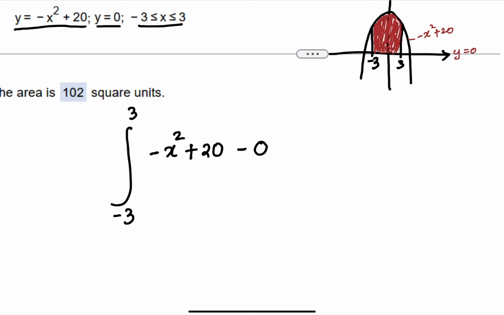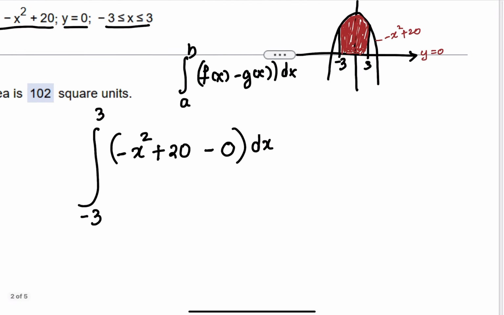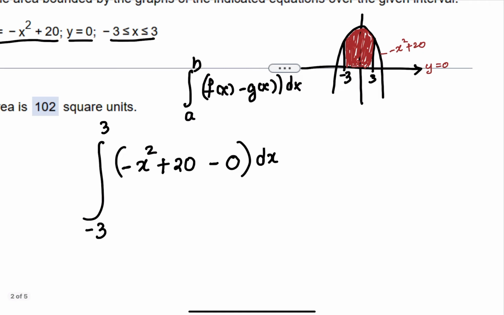So subtract the 0. Remember, it's integral a to b of f of x minus g of x dx. But the key point here is to see which function goes on the top and which goes on the bottom. If not, then your whole answer is going to be negated.